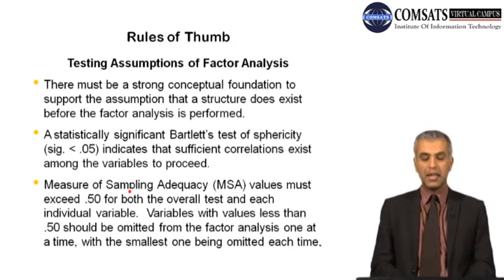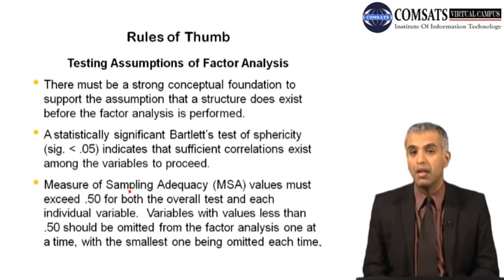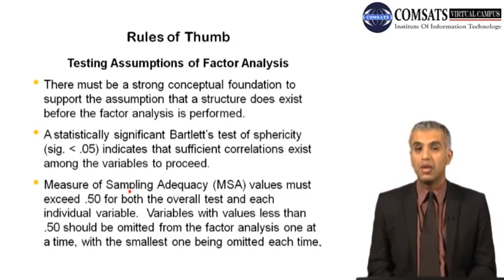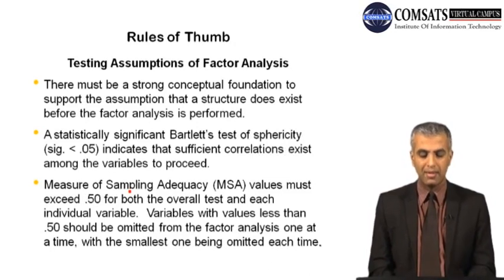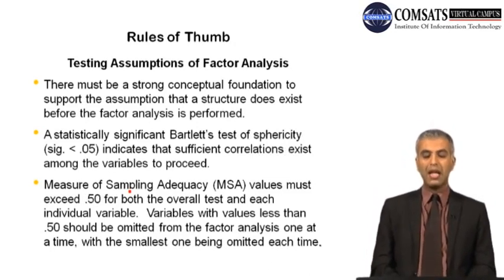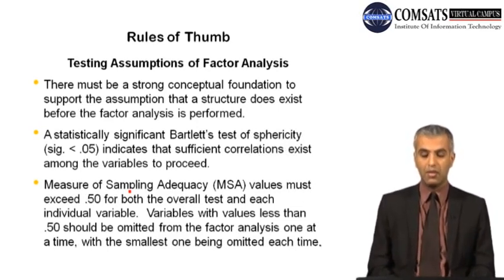Then the third condition is related to another measure, termed the measure of sampling adequacy. Basically MSA gives us a brief idea of whether each variable is suitable for performing factor analysis, and its value should exceed 0.5 for the test and for each individual variable as well.